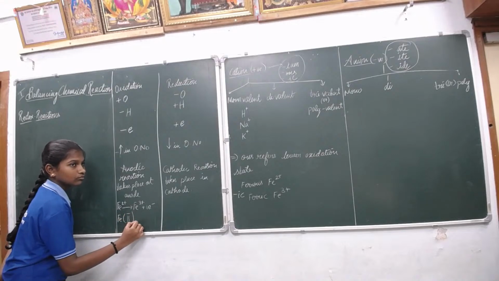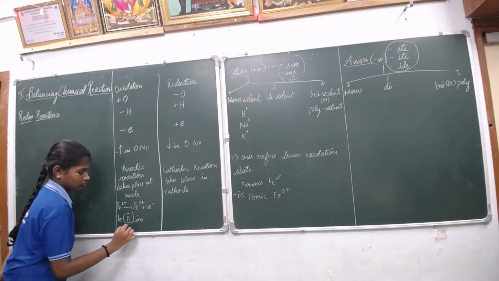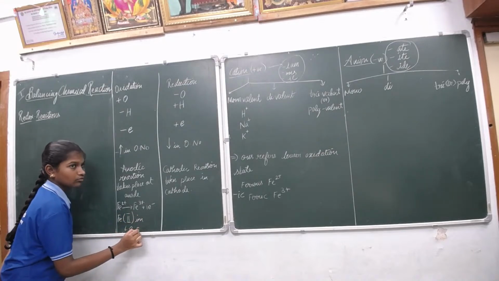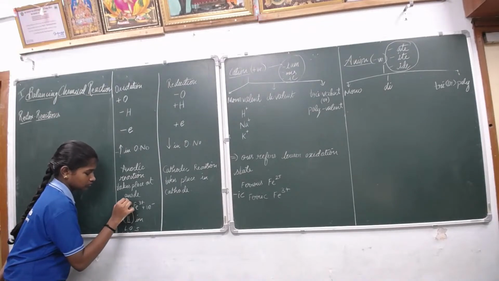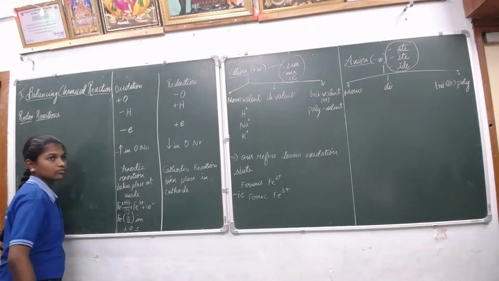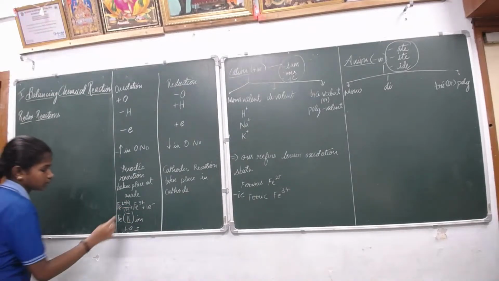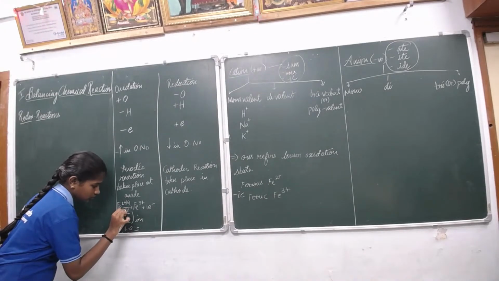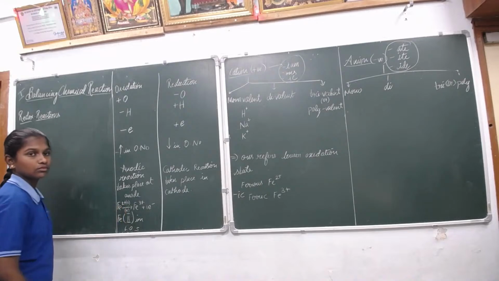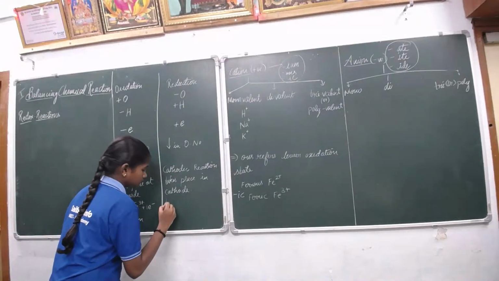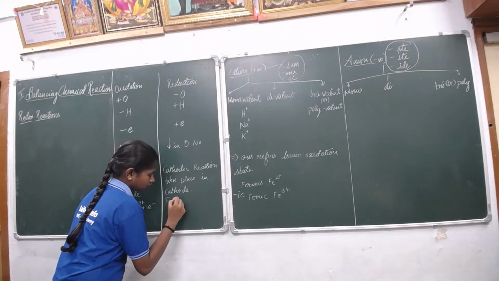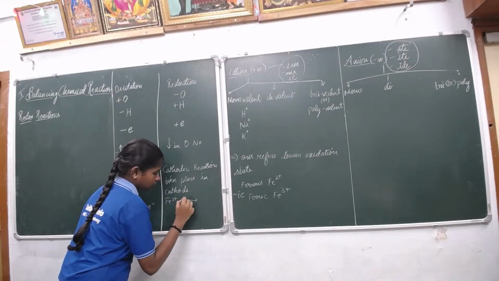You can mention this reaction, that is Fe2 plus gives Fe3 plus plus E, under oxidation. Ferrous becomes ferric is oxidation, and the reverse is reduction. Oxidation is generally represented as O. Reduction is represented as R. So you can write on the other side, under cathode, that is reduction. You can reverse the reaction: Fe3 plus plus E gives Fe2 plus.